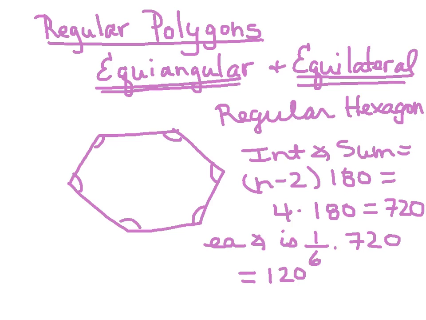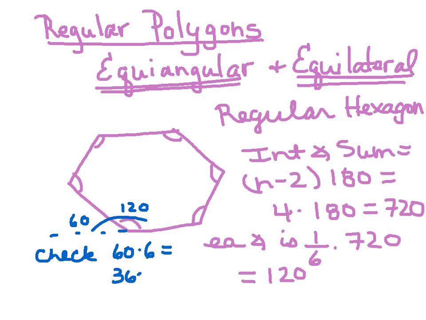Alright, so that's a pretty typical problem. What's the angle measure for each interior angle? And then you can figure out pretty easily what the exterior angle would be, because if you know this is 120, and you know this has to make up 180, then each exterior angle will be 60. And just as a check, 60 times 6 equals 360, which matches what we said we should have. The sum of the exterior angles should be 360.